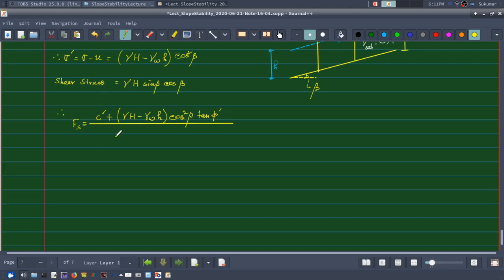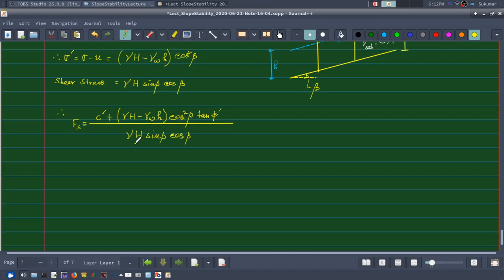And then I have shear stress here, gamma h sin beta cos beta. Now obviously because of this term my sigma dash has decreased compared to the dry case, so factor of safety will be decreased.